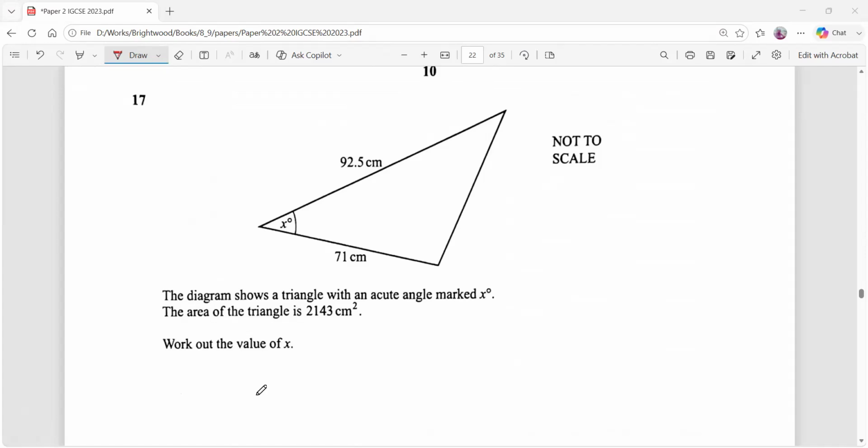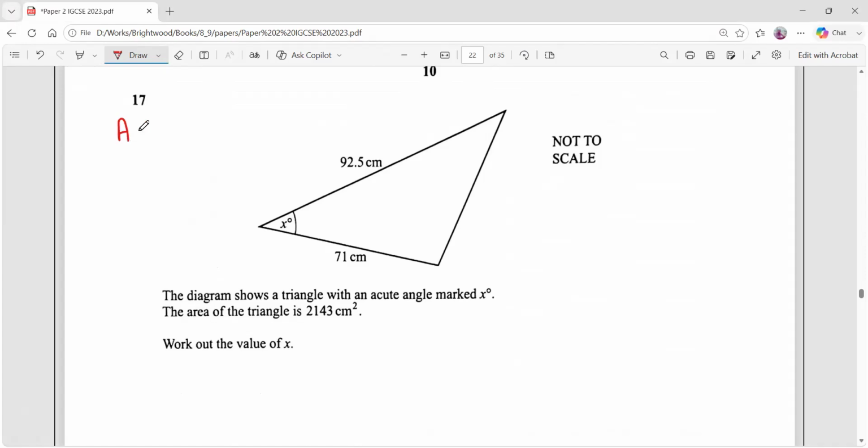If the angle is given, you can find the area of the triangle using, not half into base into height, but half into AB sin x.